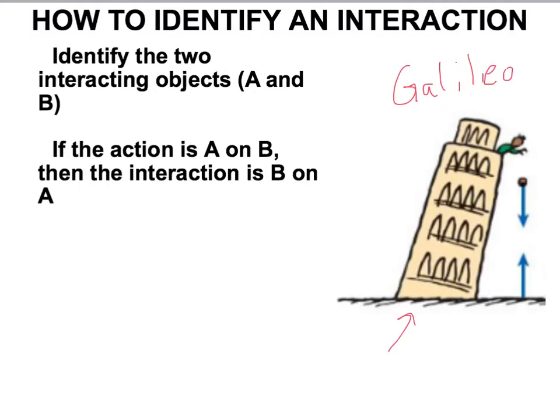So that's why this example is used. In this case, what are the two interacting objects? Well, you've got the cannonball, and what's exerting a force on the cannonball? Well, that's going to be the Earth. So in this case, A is the cannonball, and B is the Earth.